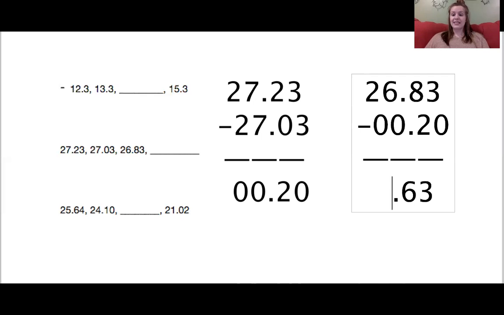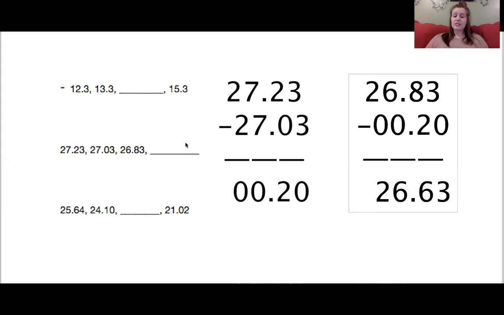I bring down that decimal. 6 minus 0 is 6, and 2 minus 0 is 2. So the next number in my pattern would be 26 and 63 hundredths. I'm subtracting 0.20 each time I move to another number in my pattern.